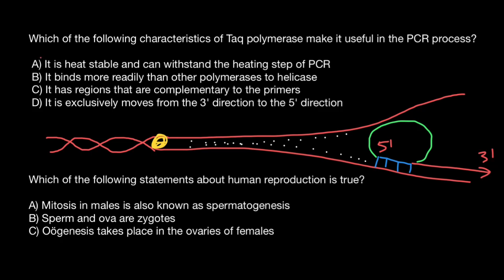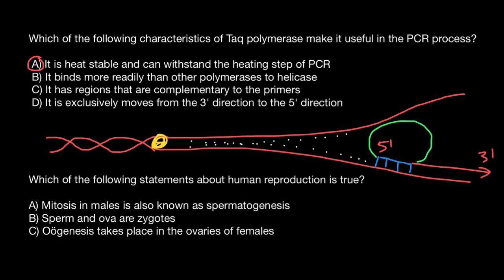It is heat stable and can withstand the heating step of the PCR. And this is true because we took this enzyme from the extremophilic bacteria that grows in hot springs at very high temperatures, and it is effective at the degrees where other enzymes, for example human enzymes, would denature and not work at all.